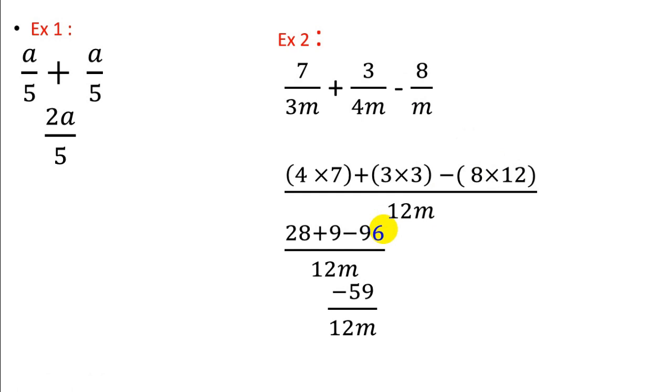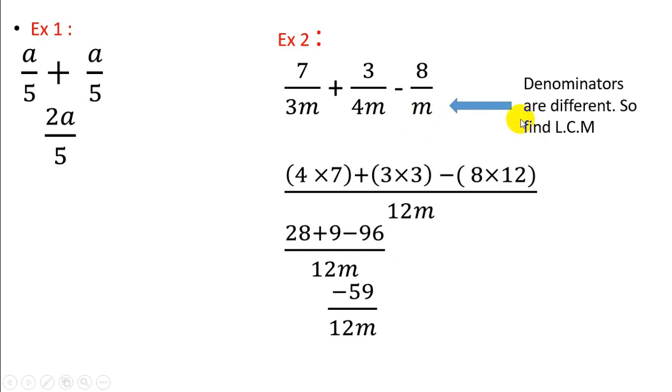These are things you have already learned in your previous grade. This is just recalling your memory in order to be familiar to do the rest of the questions. As I told you, you have to find the LCM, that is 12m, to solve this problem.